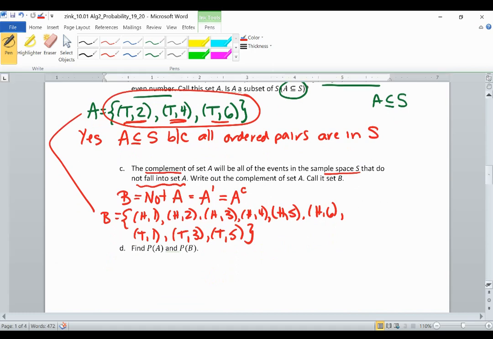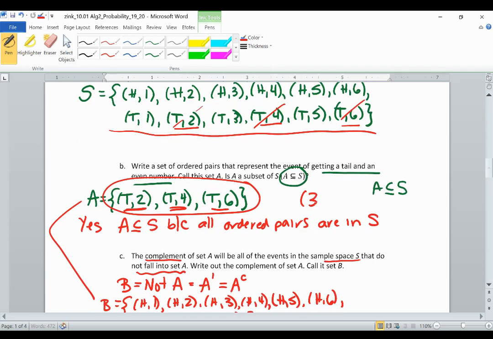All right, now let's talk about probabilities of these. So up to this point, talking about sets, it's just listing things and seeing what's inside of the set. We're not actually finding probabilities. But now I want to find the probability of getting one of these 3 things in set A. So to do that, I take how many outcomes do I have in set A? Well, I have 3 outcomes in set A. How many total outcomes do I have in set S?